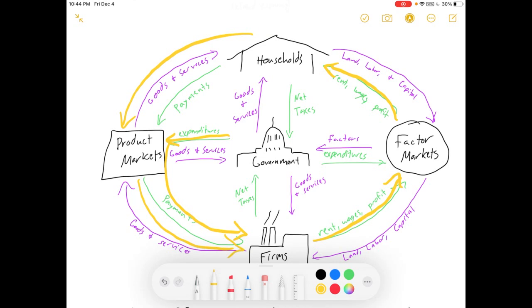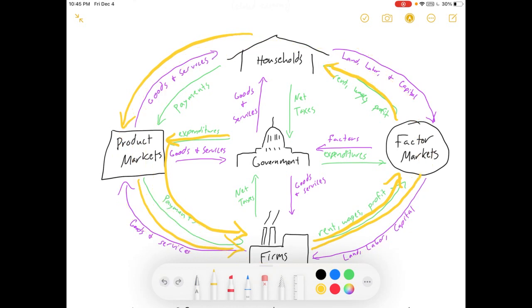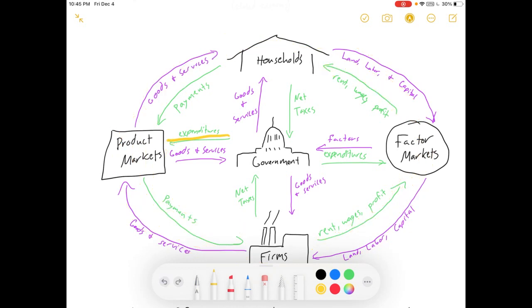It goes to the firms, who now have to make even more stuff for the increased demand from the households, and so they have to hire more workers and stuff. And then they get more money, and around and around and around it goes. So that's our first round of the multiplier, our first look at it. We'll formalize it a bit in a few minutes.